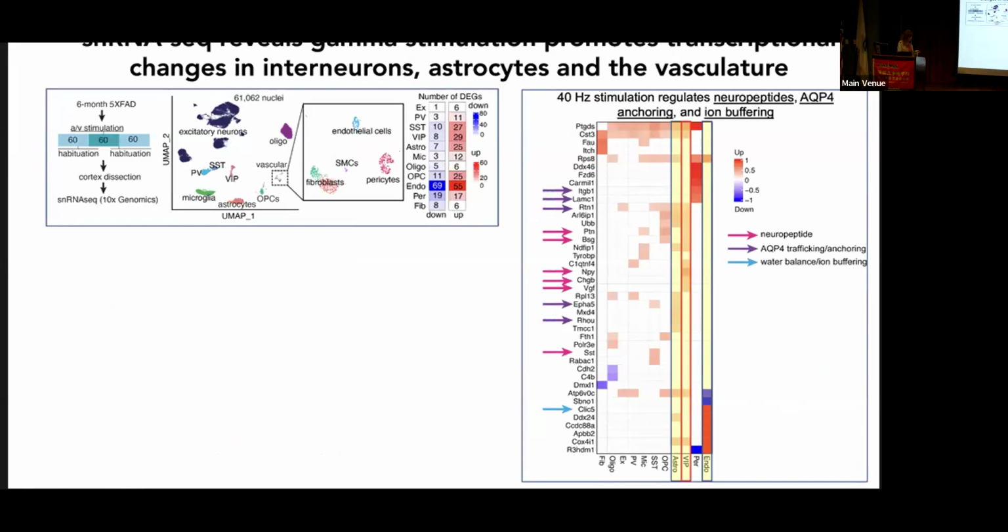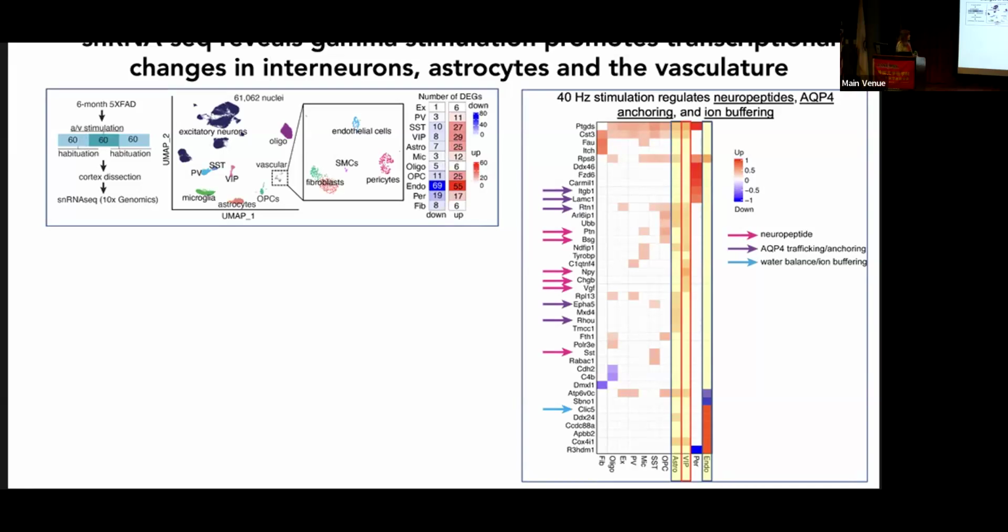So Mitch performed a single nucleus RNA sequencing transcriptomic analysis of the 5xFAD prefrontal cortical tissues after 60 minutes of stimulation. From this RNA sequencing result, we look at differential gene expression, and we found that the cell types that show the higher numbers of DEGs are the interneuron subtypes SST and VIP, along with astrocytes and the vasculature endothelial cells.